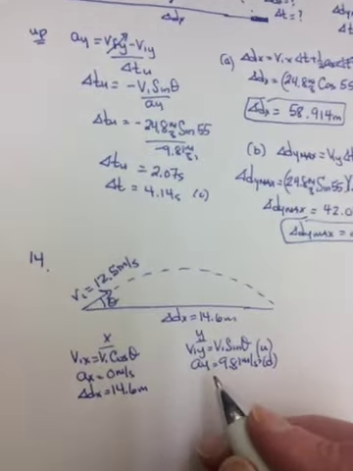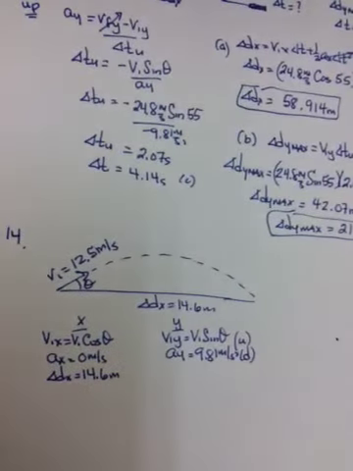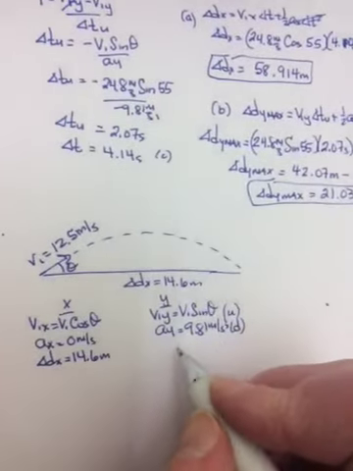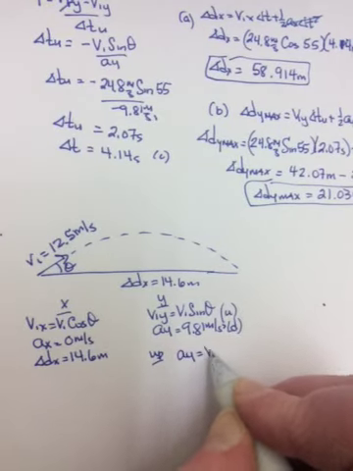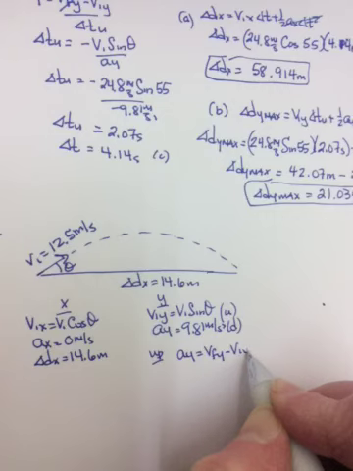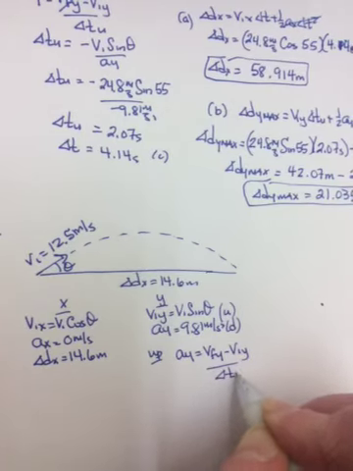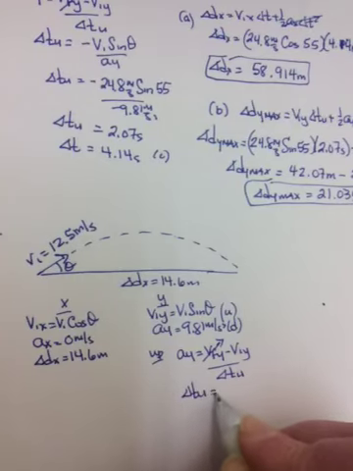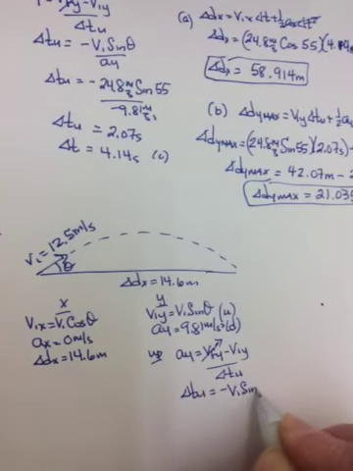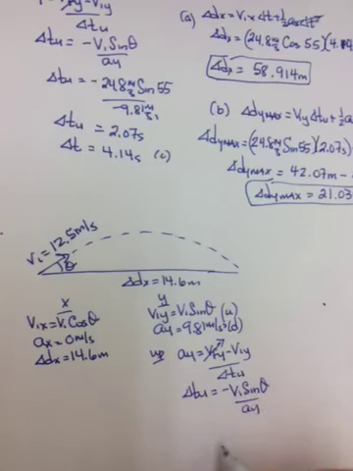And so, again, ground to ground, we can start with looking at up. So at up, Ay is equal to Vfy minus Viy over delta Tu, and this goes to 0. So delta Tu will be equal to negative Vi sine theta over Ay.